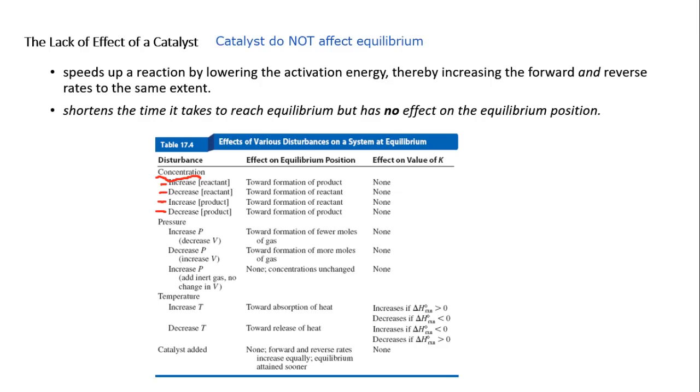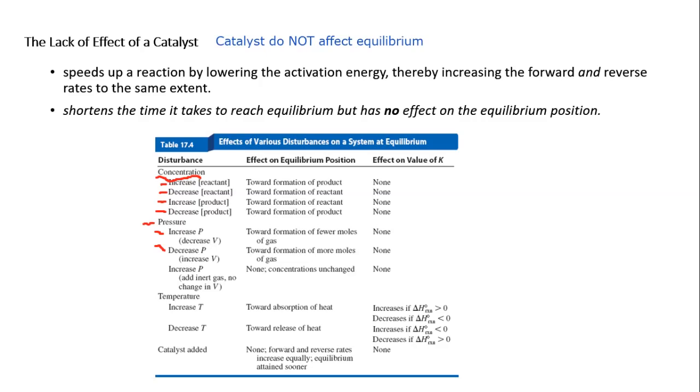Now with those reactions involving a change in the moles of gas, pressure can affect equilibrium. So if we increase the pressure or decrease volume, it's going to move to the side with fewer moles of gas. If we decrease the pressure or increase the volume, it's going to move to the side with more moles of gas.